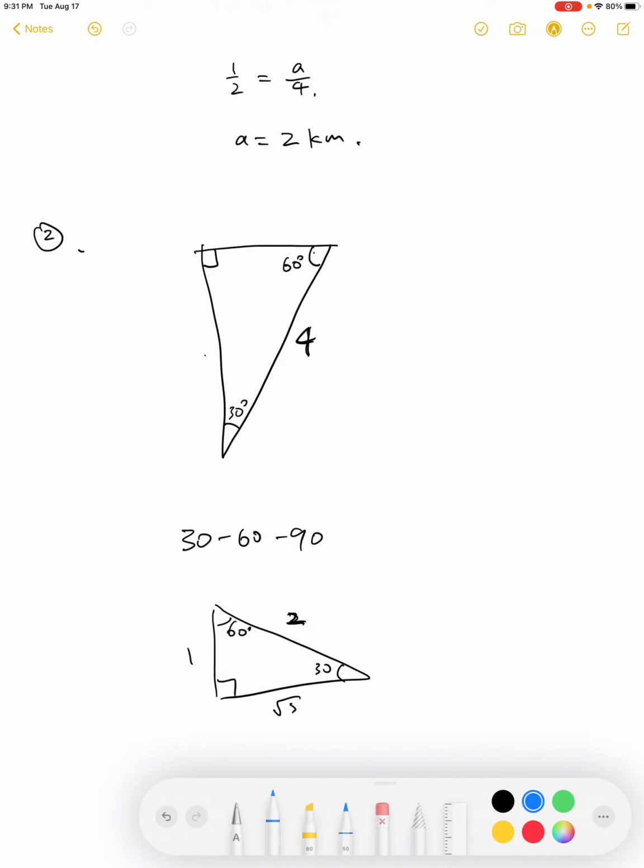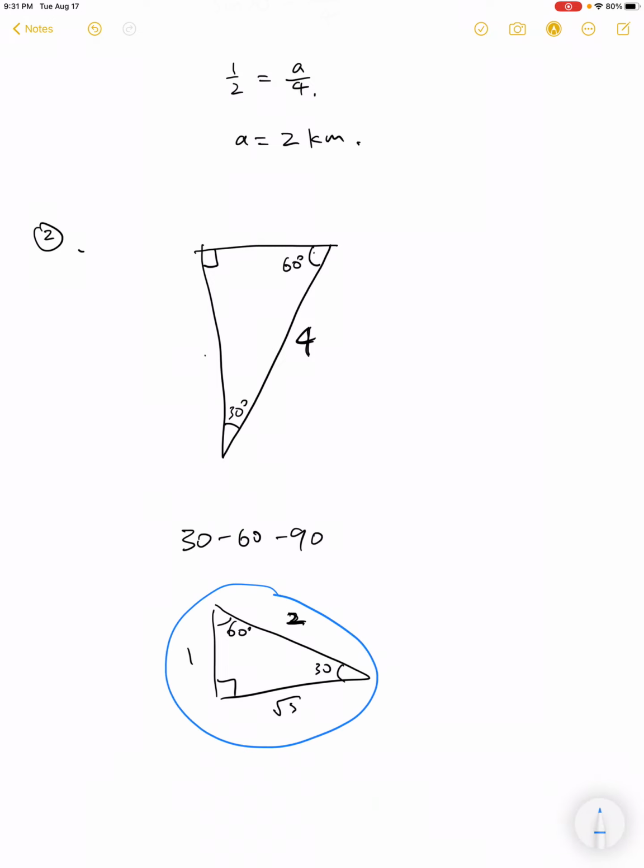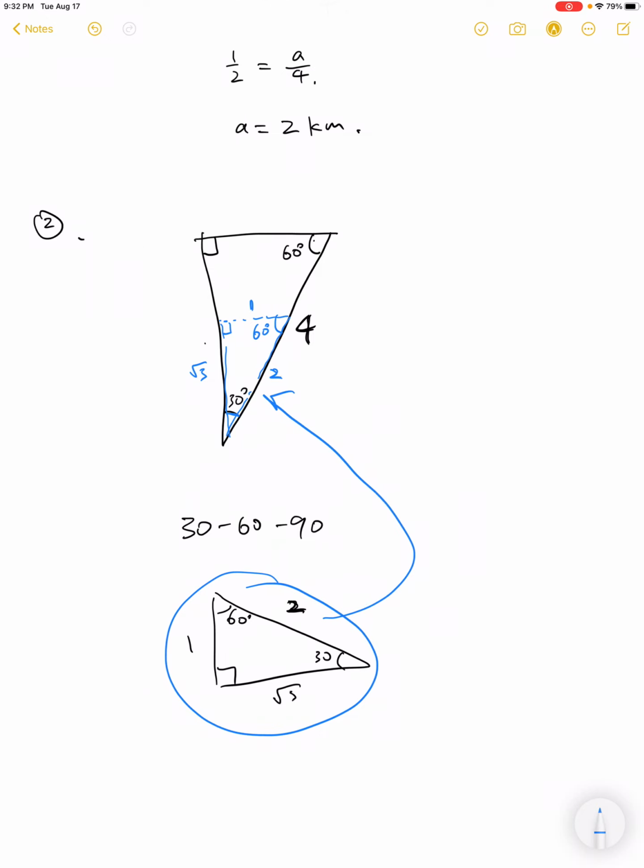So I'm going to try and fit this triangle in this bigger triangle, which might roughly look like this, with the 30 degrees, 90, and 60 degrees, but this time the longest side is 2. We know that if this is 2, this is 1, this is root 3. These two are similar triangles.